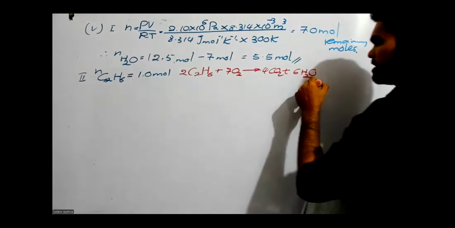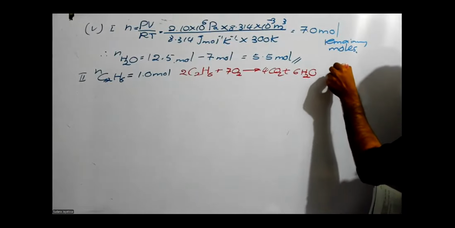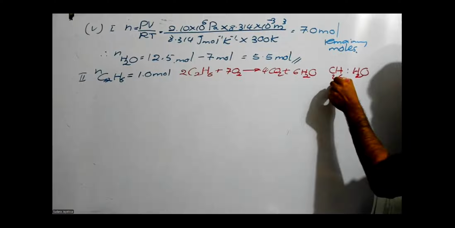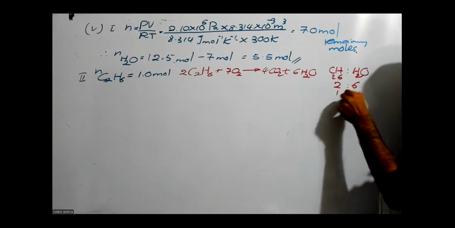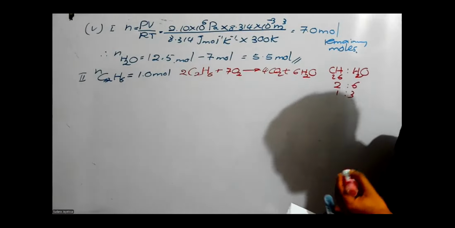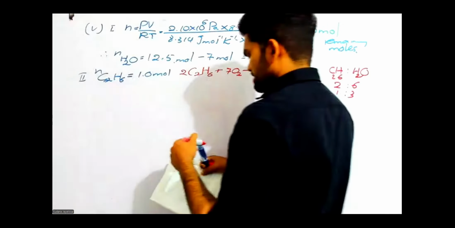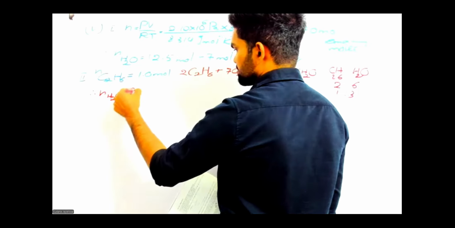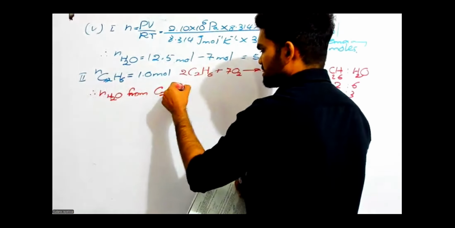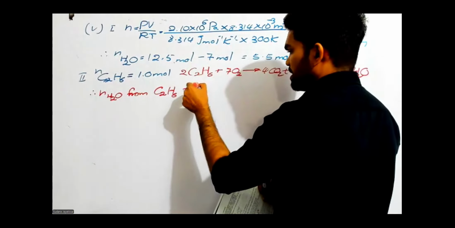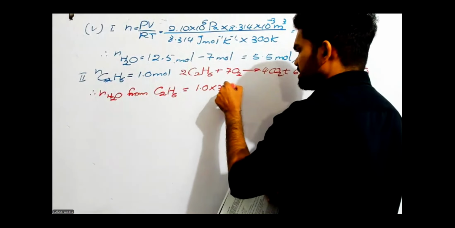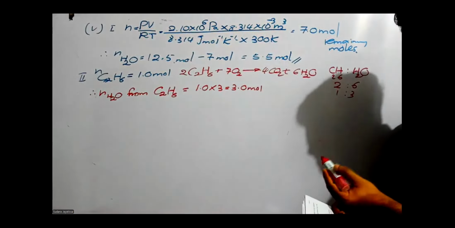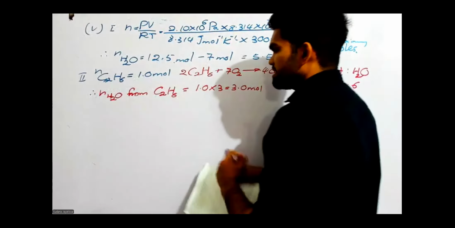So the C2H6 to water ratio is 2 to 6, 1 to 3. That means you can say how many moles were produced from C2H6. So moles of H2O from C2H6 is 1.0 × 3, 3.0 moles. Understood? 3.0 moles.